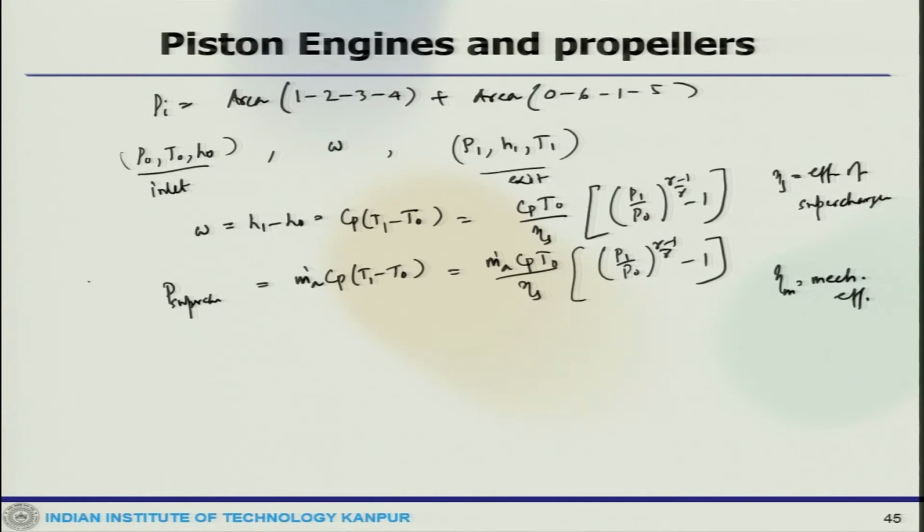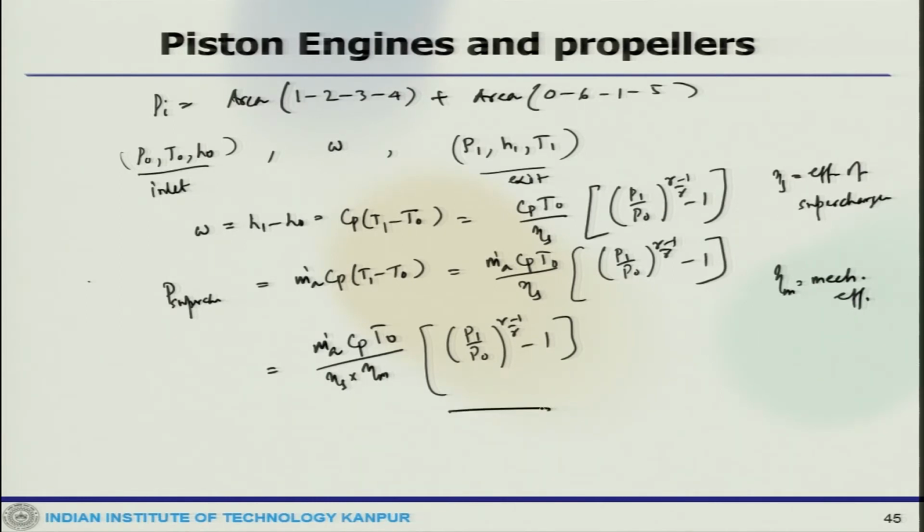Then what we get is m dot A Cp T naught by eta s into eta m times P 1 by P naught to the power gamma minus 1 by gamma, minus 1. This is how you do the supercharger calculation. So, that is the discussion of the piston based engine or rather reciprocating engine.